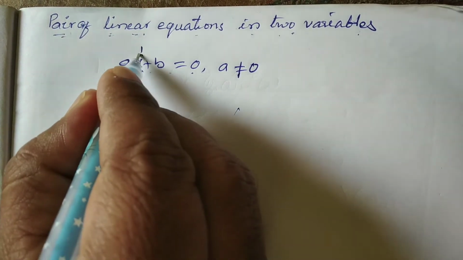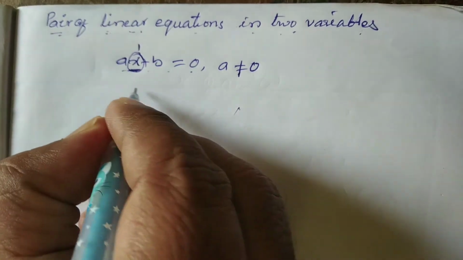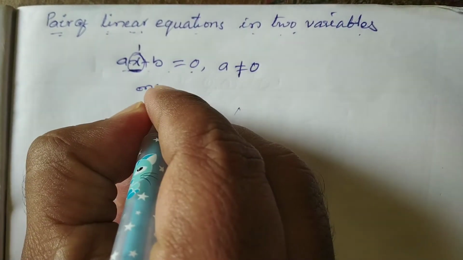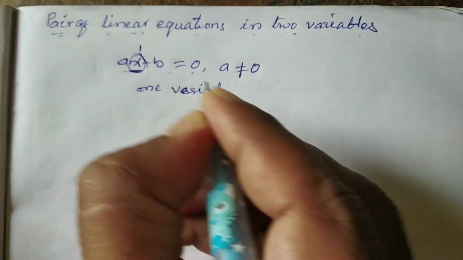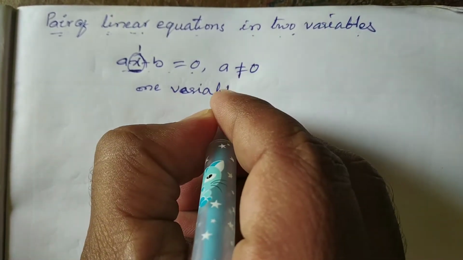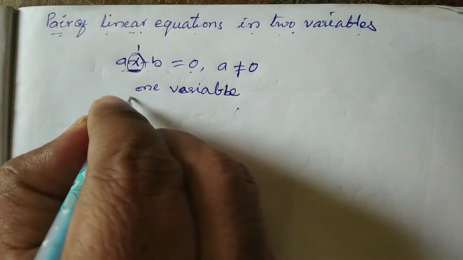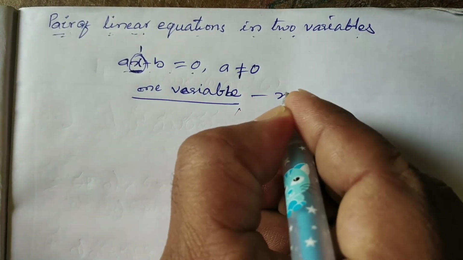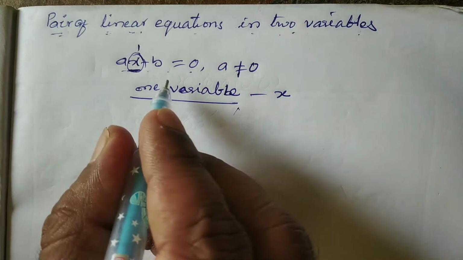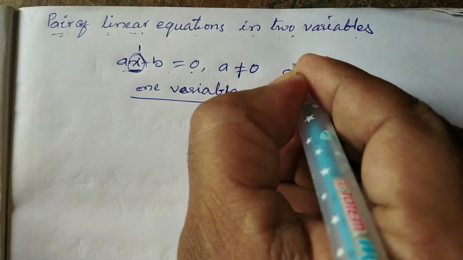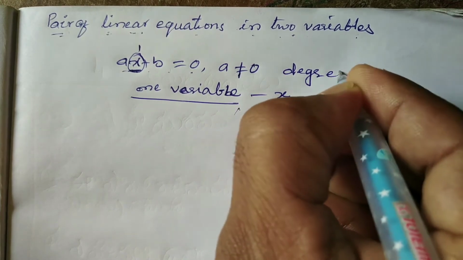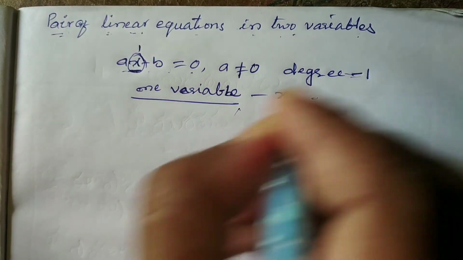That means only one variable is there here, that is x. Okay, so its degree is 1. Degree is 1.